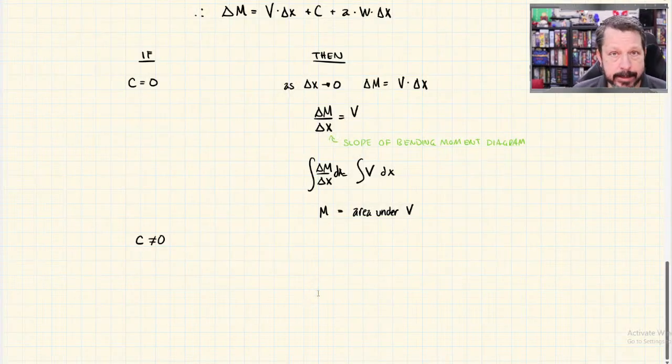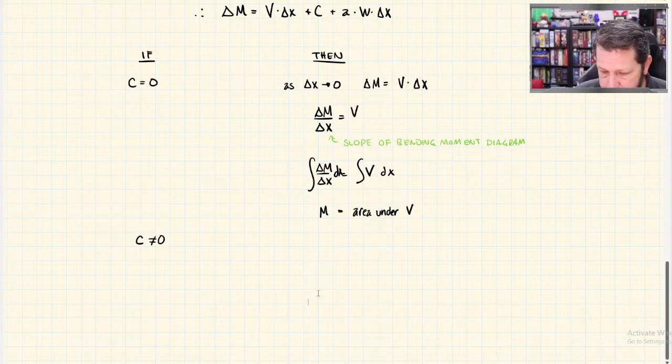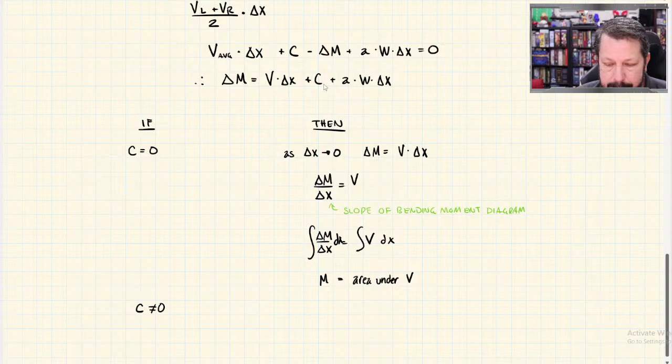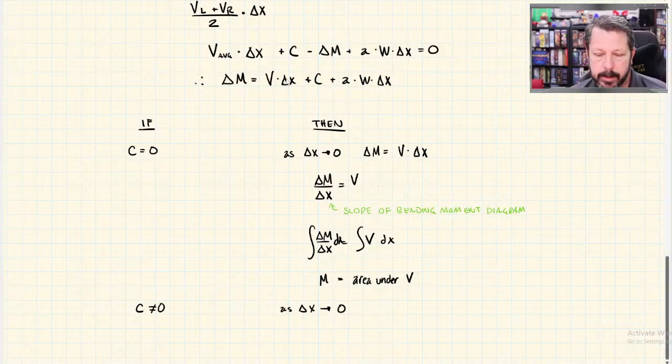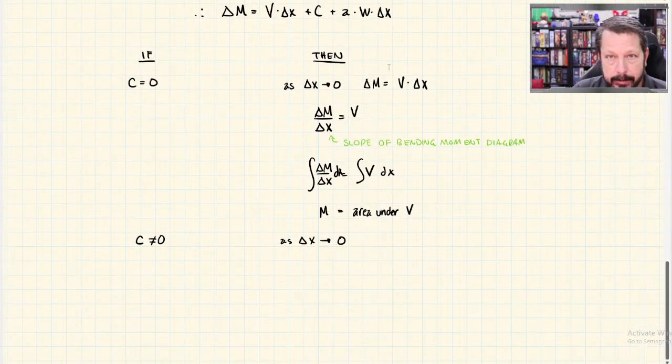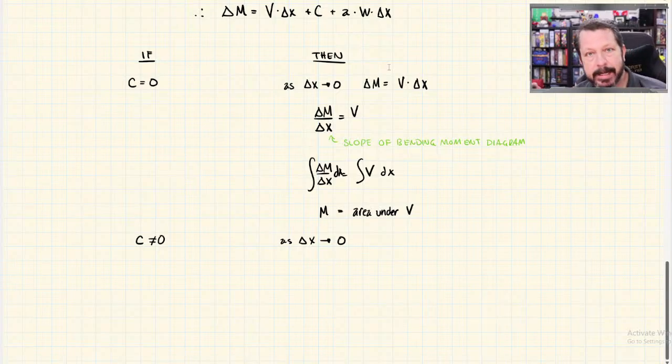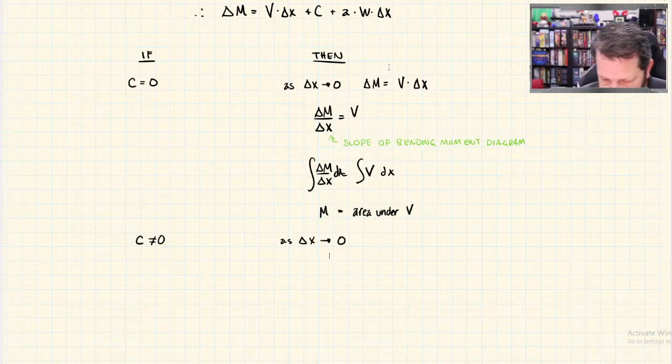So if C is not zero, if there's some value, then my equation gets dominated by C, right? So as delta x approaches zero, then the V delta x and the w delta x terms both go to zero, and C is left as the dominant feature there. This is the same idea as the single point underneath a point load.